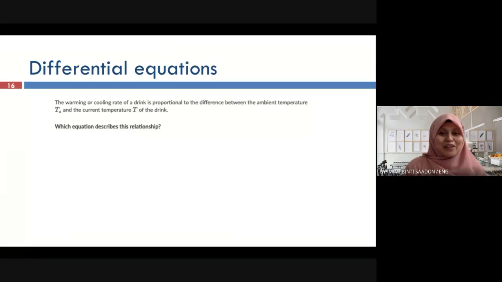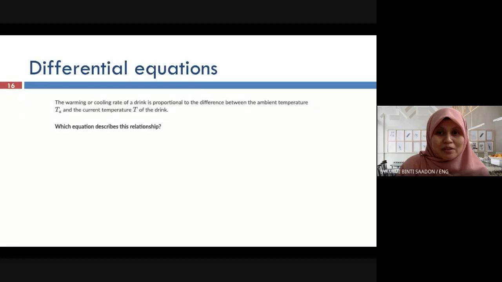What is the differential equation of this type of problem? This is heat transfer. We have convection heat transfer between the liquid, the drink, and the environment, the ambient.